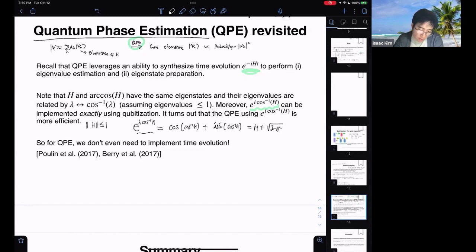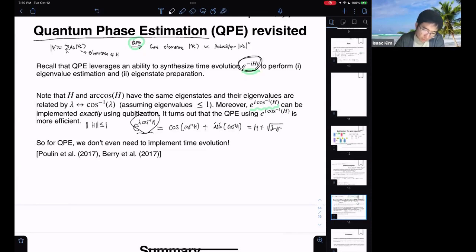In fact, if you want to implement e to the minus iht using qubitization, you have to use this Jacobi-Anger approximation to approximate this e to the minus iht by a polynomial. But for qubitization, time evolution by this thing can be implemented exactly with no approximation.